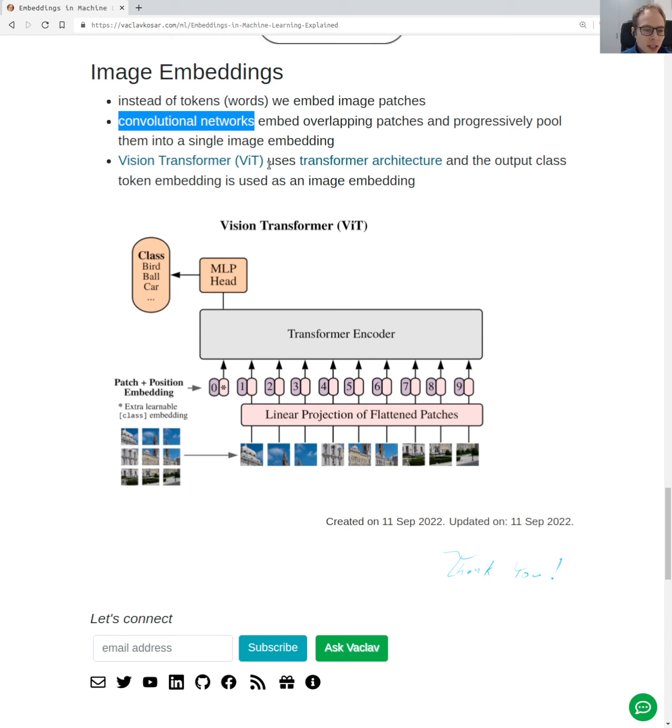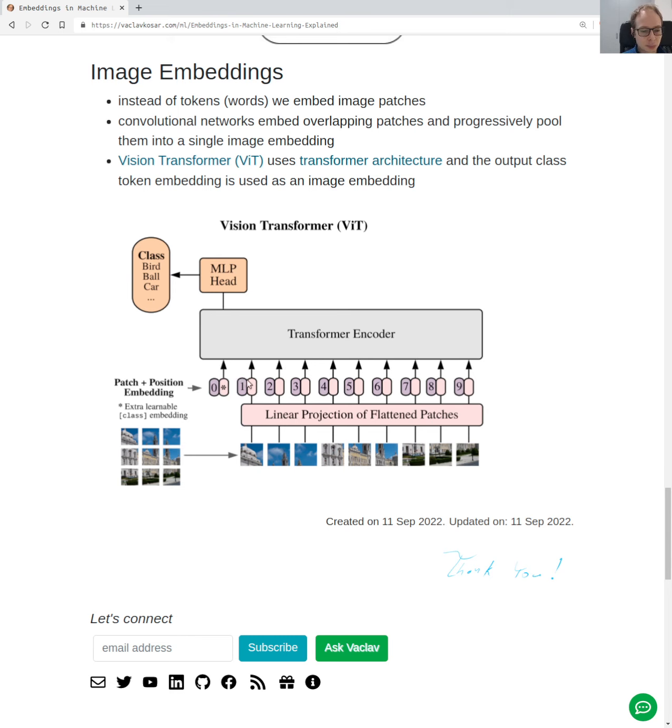And for example, in case of transformers, in case of the vision transformer, we don't actually do this pooling so much. We have this transformer encoder, which again looks at all the patches, but it transforms them very similarly to the way we work with words, such that the output keeps the dimensionality.